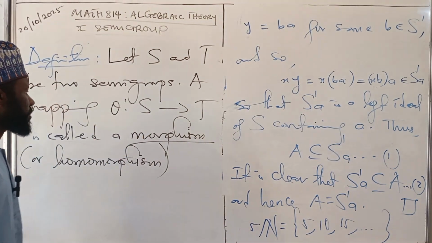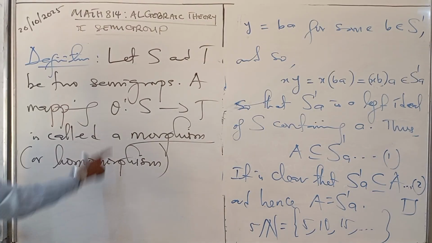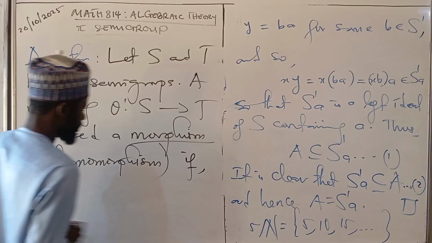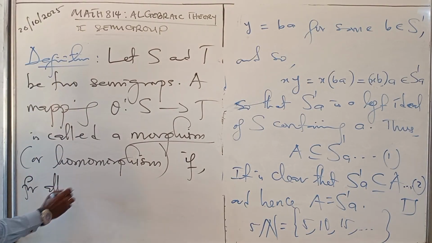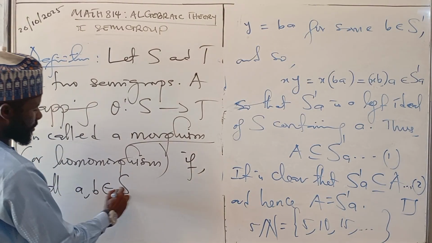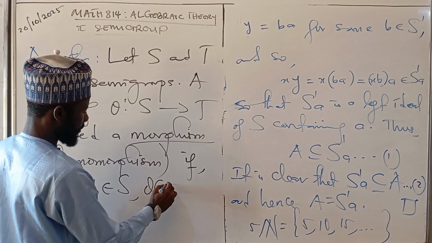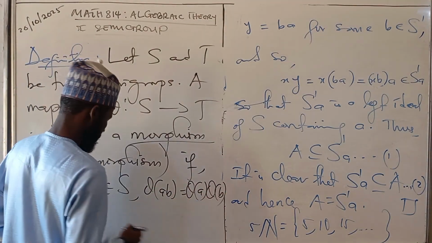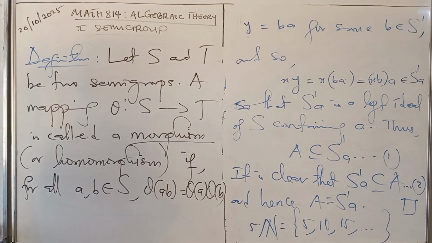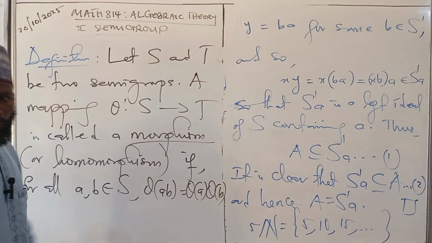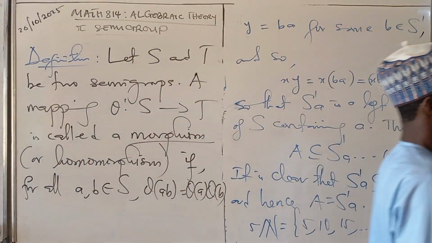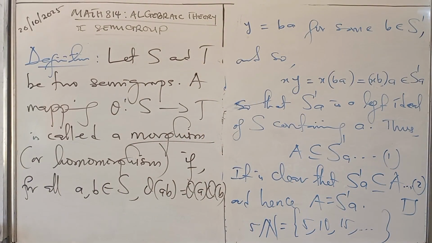So a morphism is a mapping from one semigroup to the other satisfying theta of AB is equal to theta A times theta B. This mapping is what we call a morphism or homomorphism.